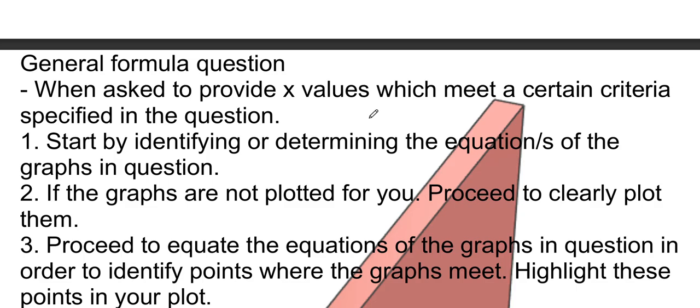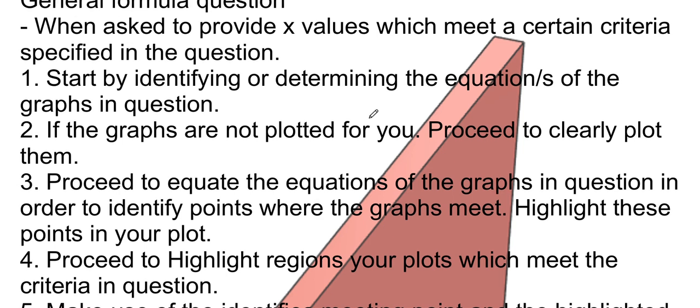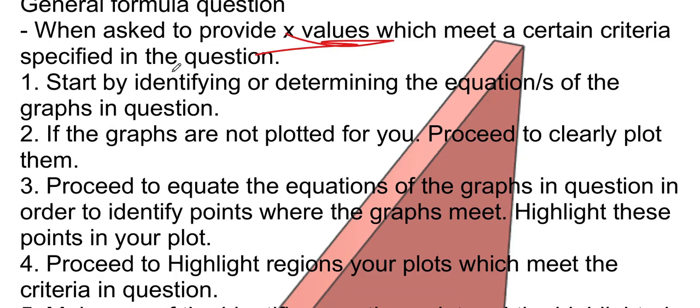Because trigonometric functions run infinitely along your x-axis, you will have to answer these questions in a dynamic way: if x equals 700 degrees, your answer must still be applicable, and if you go to negative 800 degrees, your answer must still be valid. That's how you know the answer has to be a general formula, when you are asked to give answers in terms of x which meet a certain criteria.